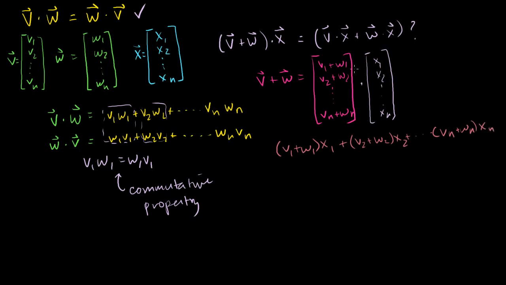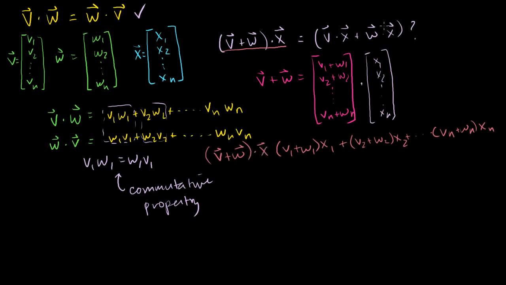Right? I just took the dot product of these two. I just multiplied corresponding components and then added them all up. That was the dot product. This is v plus w dot x.